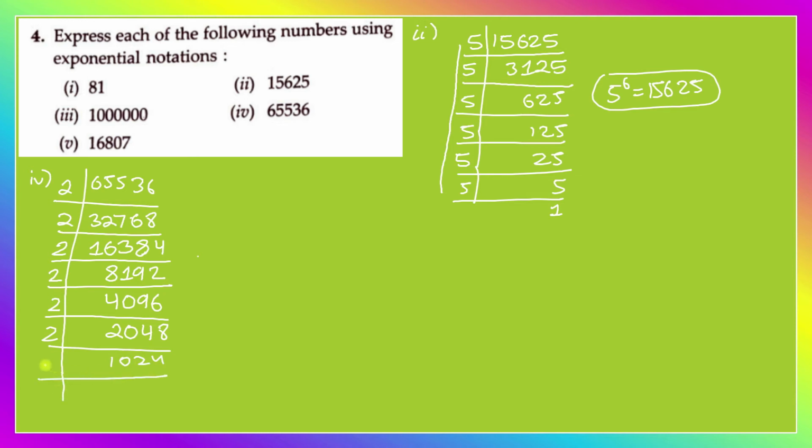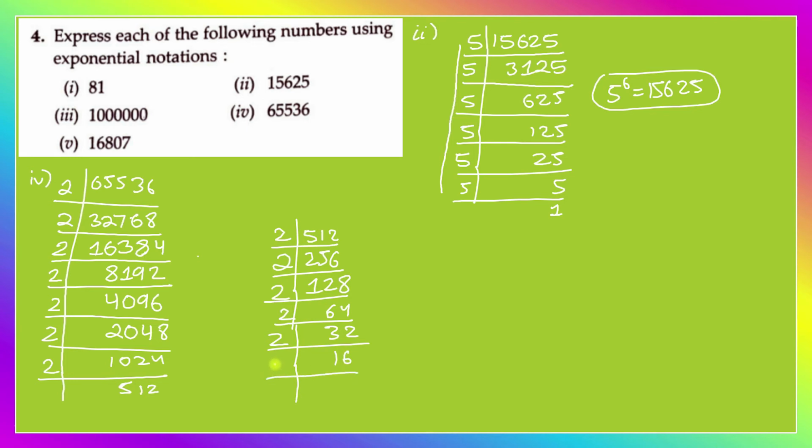And if I divide by 2 again, I get 512. Then 2 again, I get 256. 2 again, then I get 128. If I divide by 2 again, then I get 64. 2 again, then 32. 2 again, then 16.